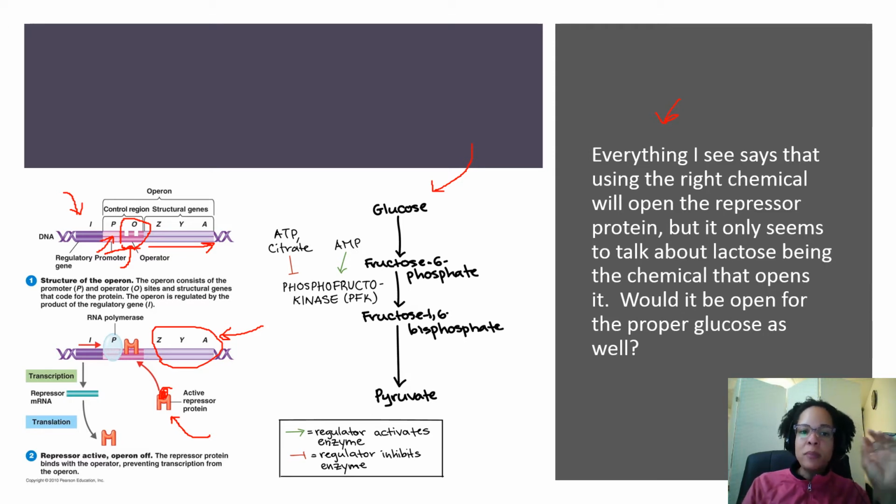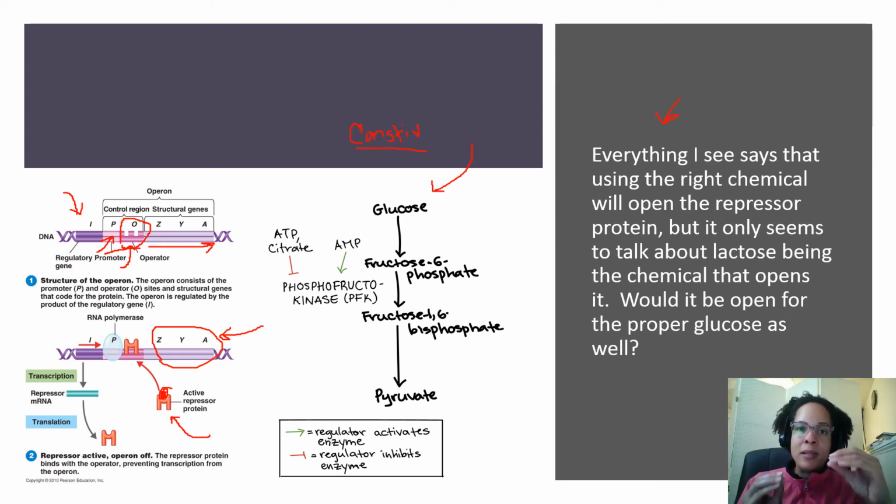Now, there's a difference between glucose metabolism and lactose metabolism. The difference is the genes for glucose metabolism are produced constitutively. I'm not spelling this right and I'm not going to waste your time. It's in my lecture notes, constitutively.